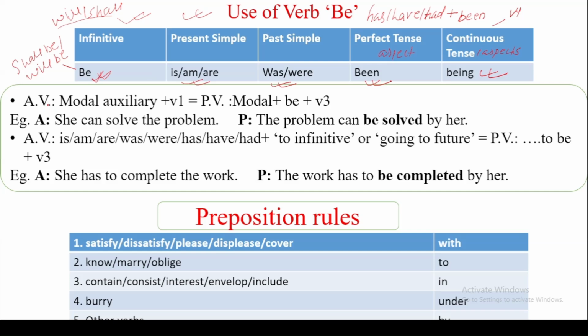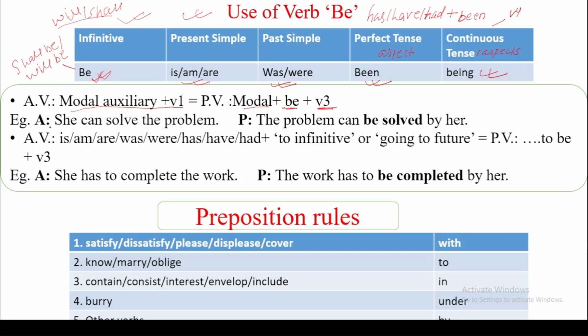Now let's discuss some exceptional cases. In active voice, if there is modal auxiliary verb plus V1, in passive we use the same modal auxiliary plus be plus V3.